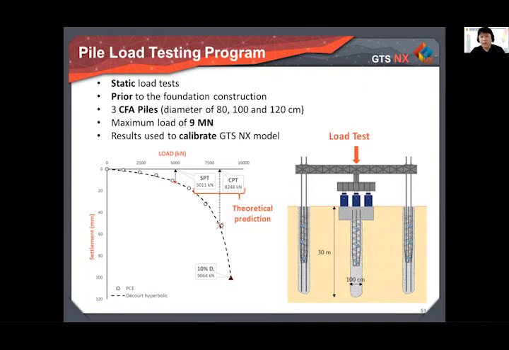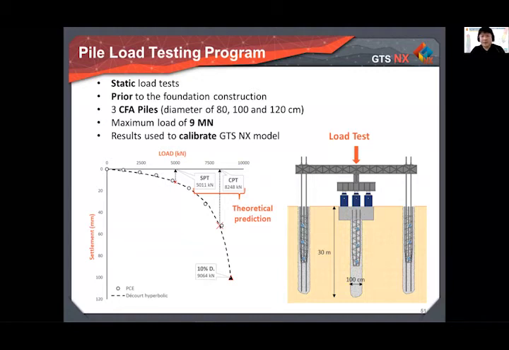The static load tests were undertaken prior to the foundation construction, which allows a better understanding of the behavior of the piles. The results of the pile load tests were compared to the values obtained by the empirical approaches using the SPT and CPT methods. As can be seen in the load-settlement curve, there is a difference between them.